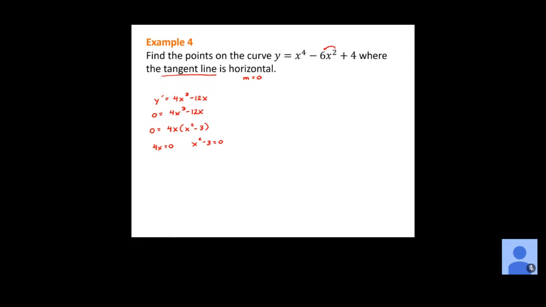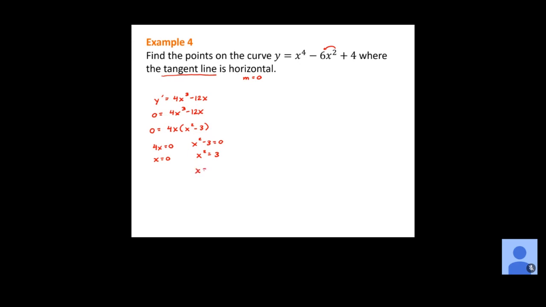Well, what are we going to get for this first one then if I solve for x? X equals 0. Good. And then what would we have to do to solve x squared minus 3 equals 0? Good. Add the 3, so x squared equals positive 3. And then we can do what?